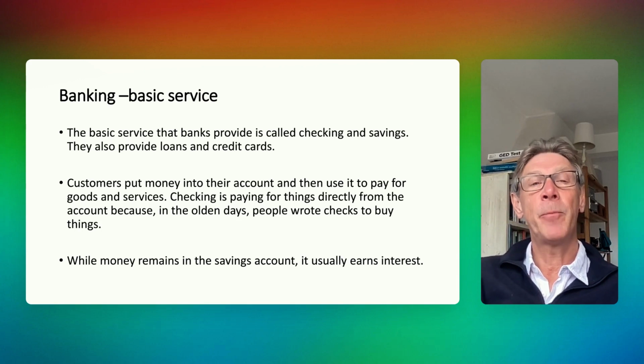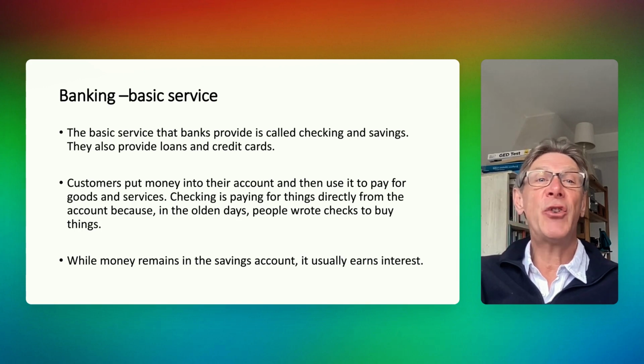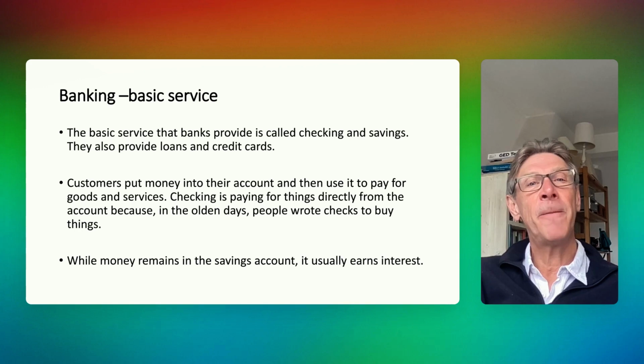That's checking. Savings is where you want to put your savings in a safe place, and maybe earn interest on it. The bank will look after your savings in a safe place, and they will provide you with a small interest every month as a thank you for letting them look after your savings.